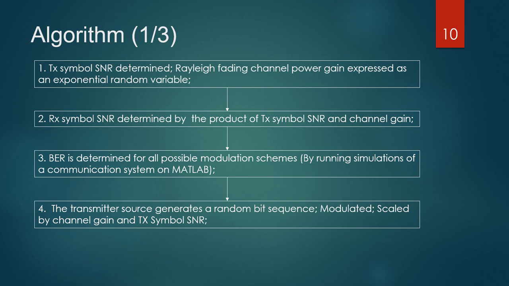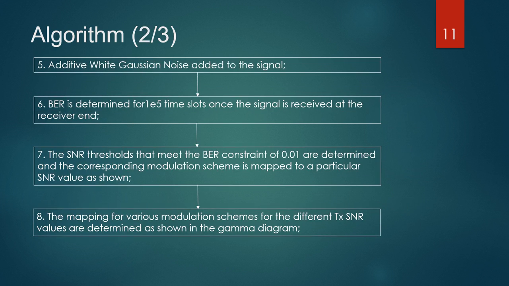The transmitter source generates a random bit sequence. It is modulated and scaled by the channel gain and the TX symbol SNR. The additive white Gaussian noise is also added to the channel. The bit error rate is determined for 10 power 5 time slots once the signal is received at the receiver.